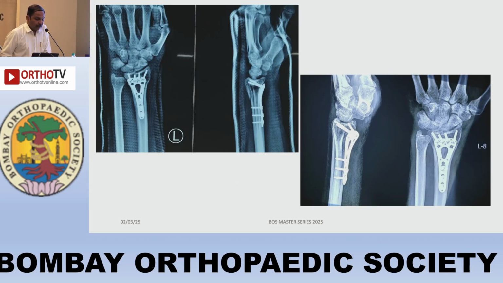The picture on the left is around 3 months down the line, and the picture at around 9 months shows the dorsal rim fragment nicely settled and he has healed. Although he is under rehab and getting his full range, given the severe soft tissue injuries he had, he doesn't have any block per se.